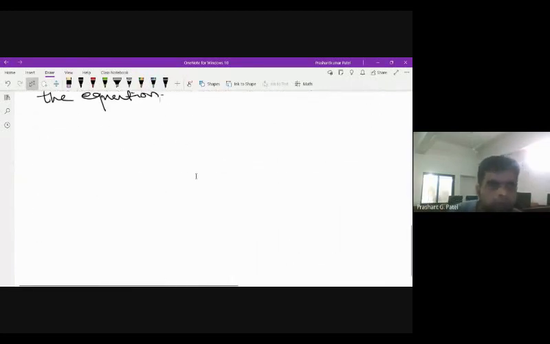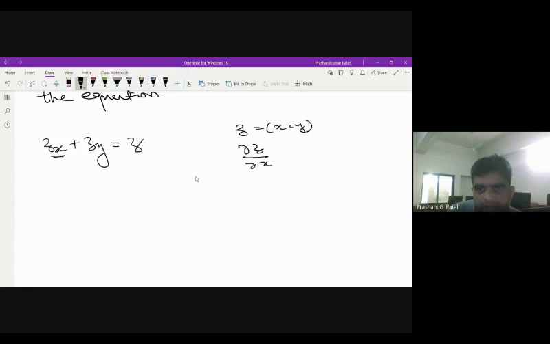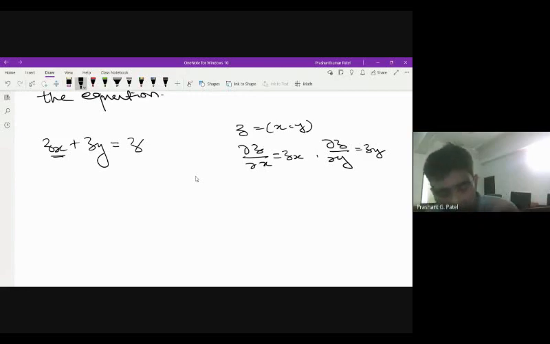For example, zx plus zy equals z. Here z is a function of x and y, and del z by del x is the partial derivative of z with respect to x, denoted zx, and del z by del y is the partial derivative of z with respect to y, denoted zy. So this is an example of a first order partial differential equation.